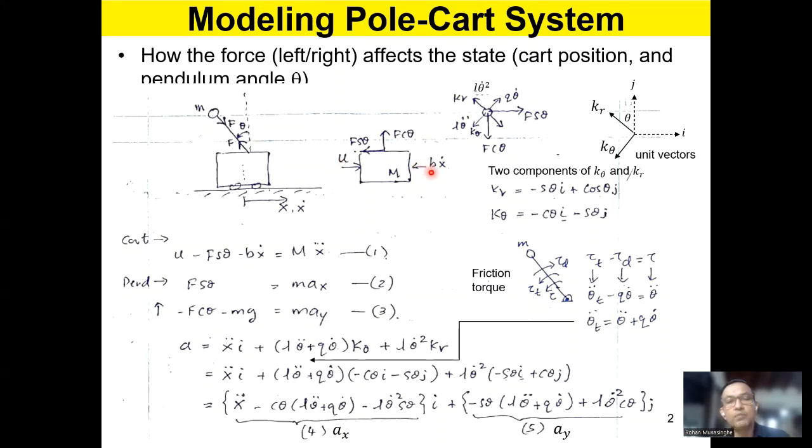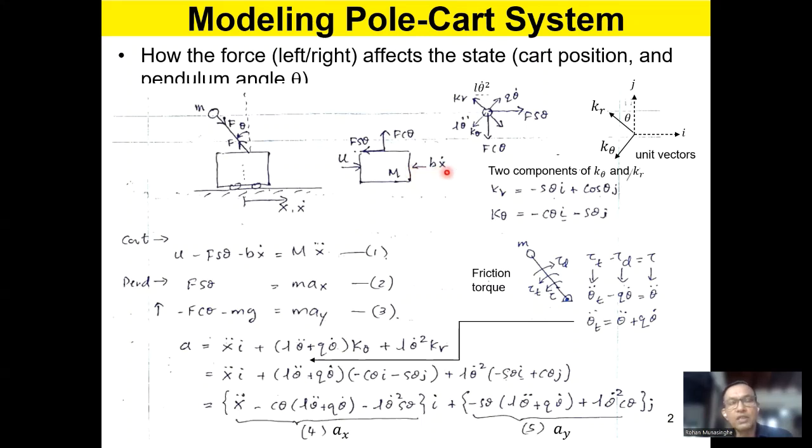Then you have this B x dot, which is the drag or friction. As you move forward, there's friction, proportional to the speed. So let us call it B times x dot. This is an opposing force. Look at the direction, it's coming this way.